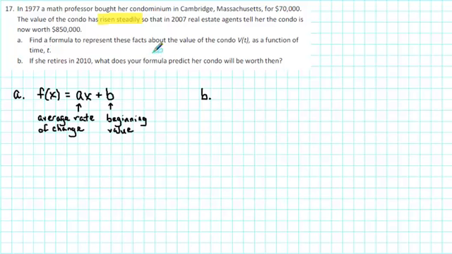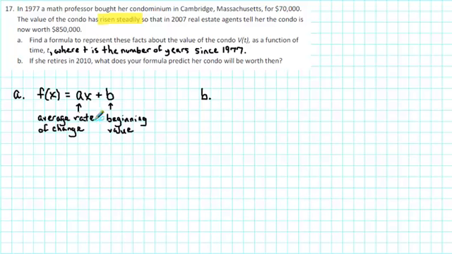So we'll have V of t as a function of time t, where t is the number of years since 1977. By doing that, our beginning value will be $70,000.